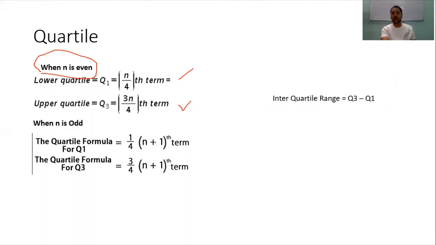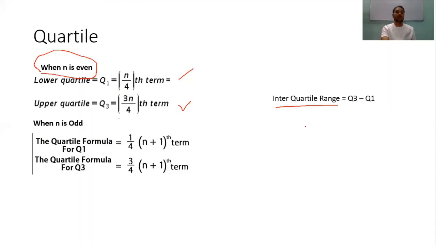So the required formula for first quartile Q1 will be n plus 1 by 4th term, and 3 by 4 into n plus 1th term will be your third quartile. One more formula will be there, interquartile range. Interquartile range is your Q3 minus Q1.